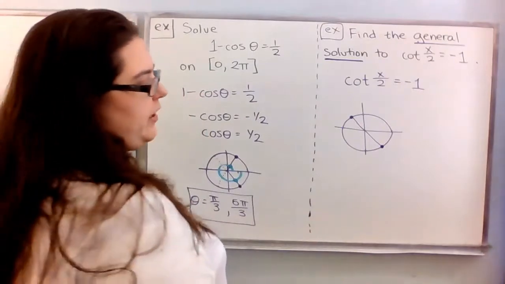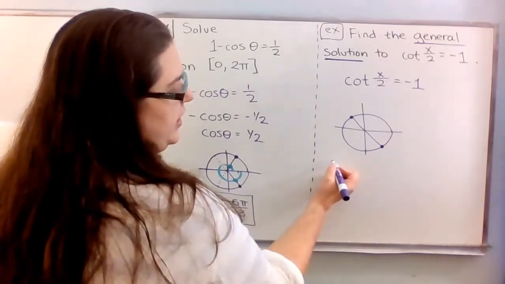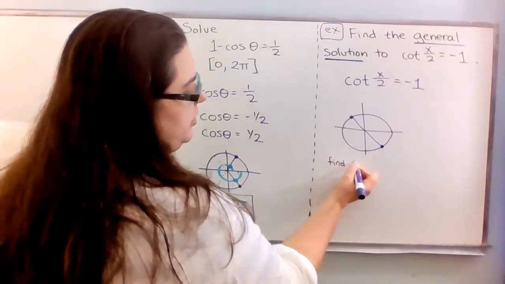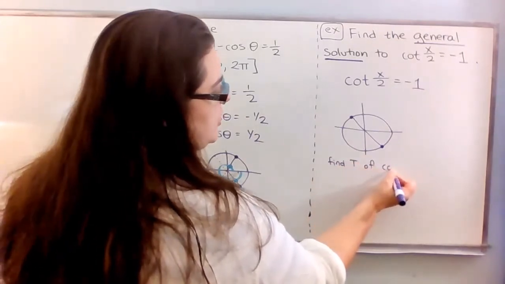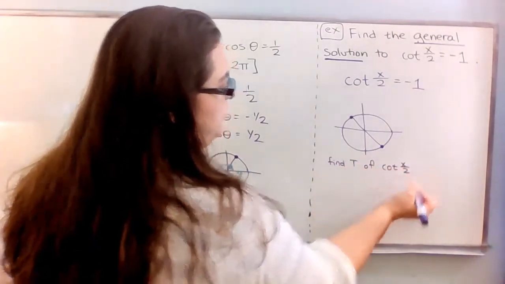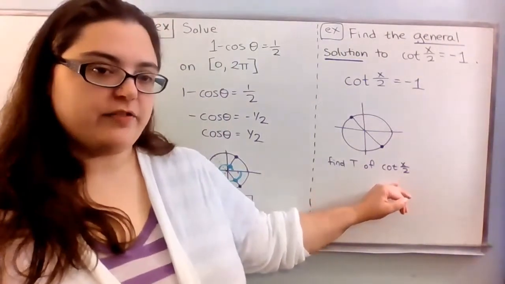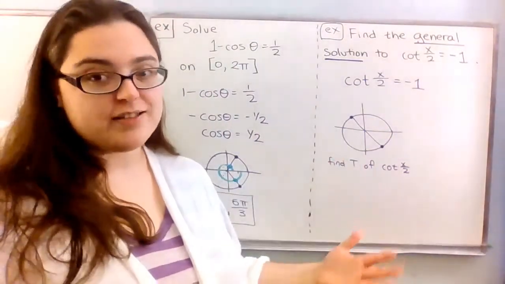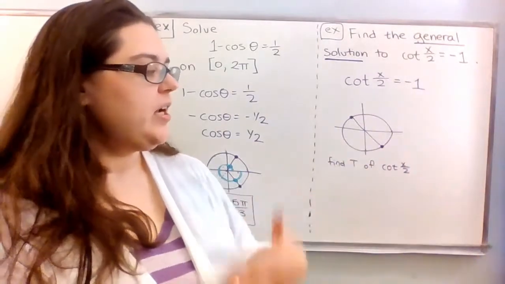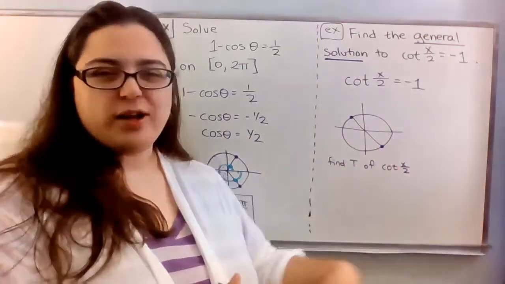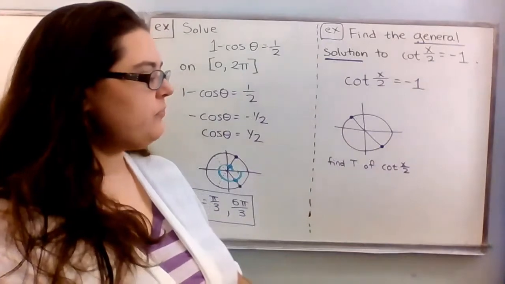Also, I'm going to bear in mind that I'm going to need to find the period of cotangent of x over 2. Because once I find the period of that, that's going to help me to figure out what values of x, or like how many times around the circle I would need to go, basically.